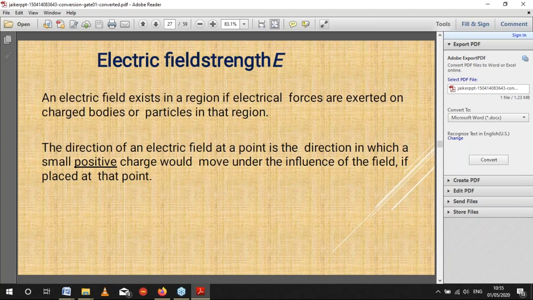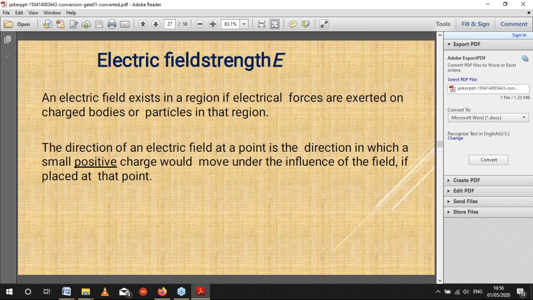Now, question number 3. The dome of a Van de Graaff generator has a charge of 20 C. The dome is 20 cm across.